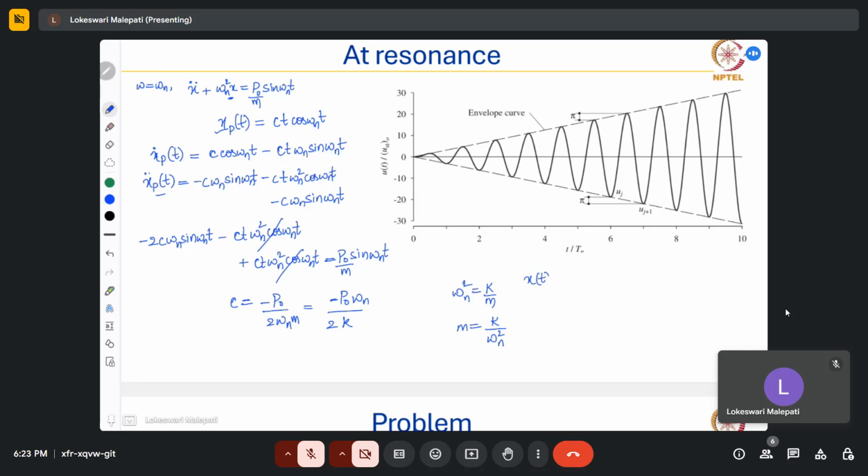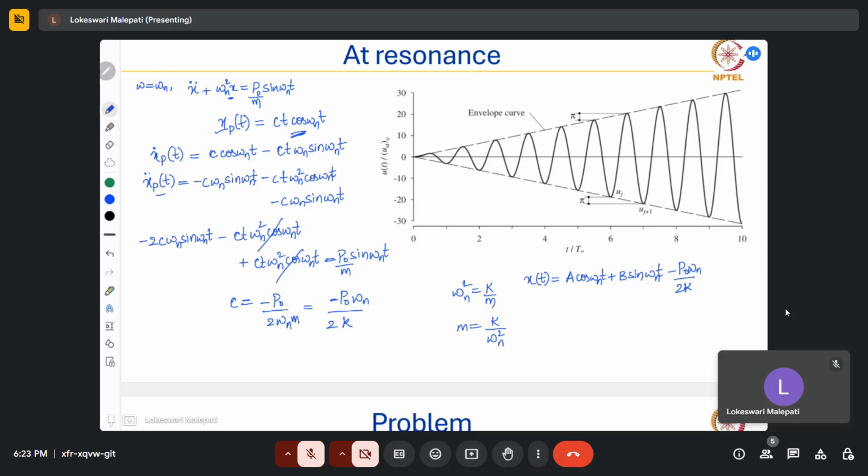So the total solution will be a cos omega nt plus b sin omega nt minus p naught by 2k omega n. So this is the particular integral which we have assumed, and I'm just substituting the value of c.